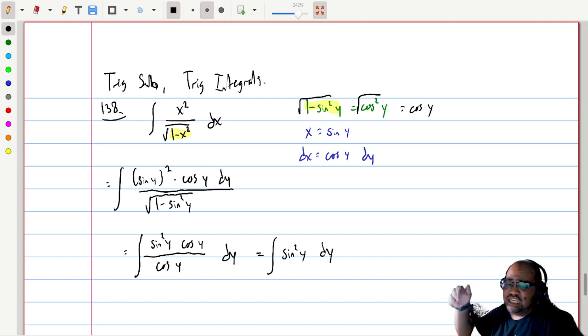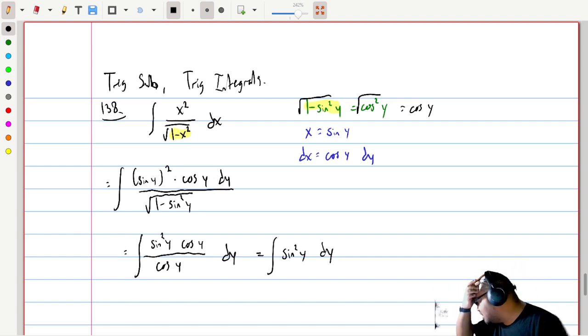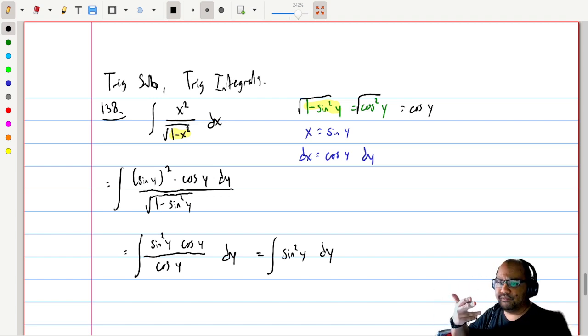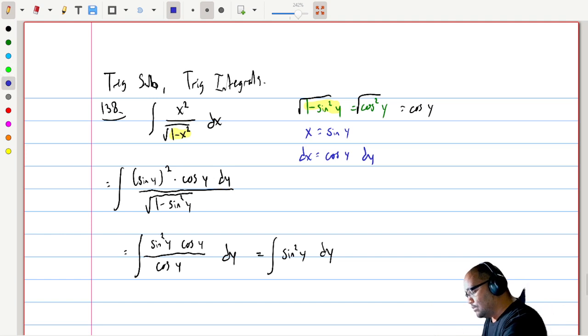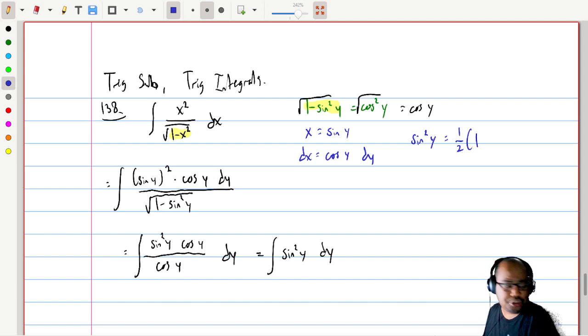Okay, so now whenever you have even powers of sines and cosines, and those are the only things that are left, you're going to have to use that power reduction formula, the half angle formula. And let's remind ourselves of what that is. So, sine squared y is equal to 1/2 of 1, is it 1 plus or 1 minus? Let's see here. I think it's 1 minus.